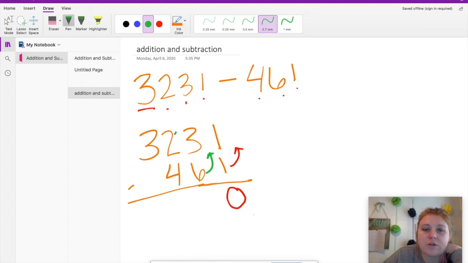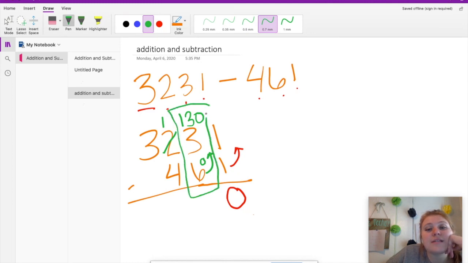I'm going to turn this 200 into 100, take 100 away from that guy, and give that 100 over to this 3 here. And this has now become 130.